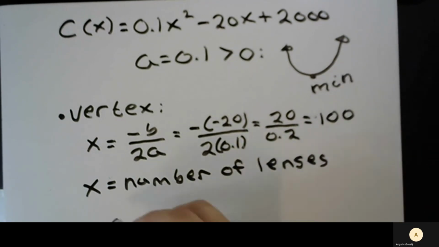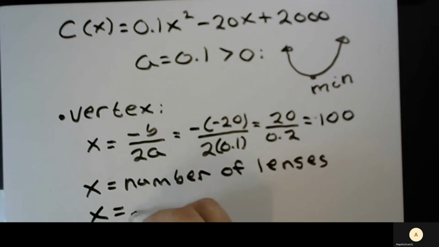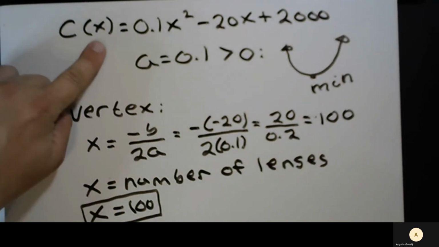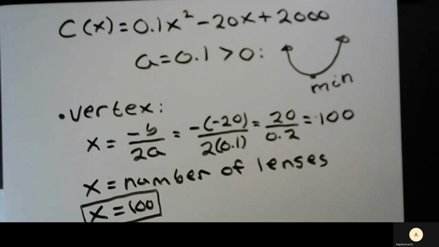So the answer is x is 100. If you wanted to actually find out what the minimum cost is, you'd plug this back into this function, and that's going to give you the minimum cost. So questions about that?